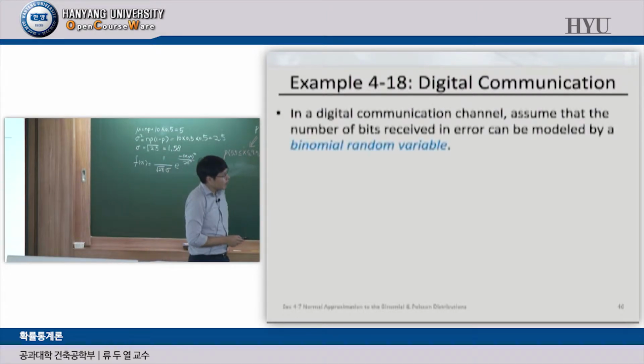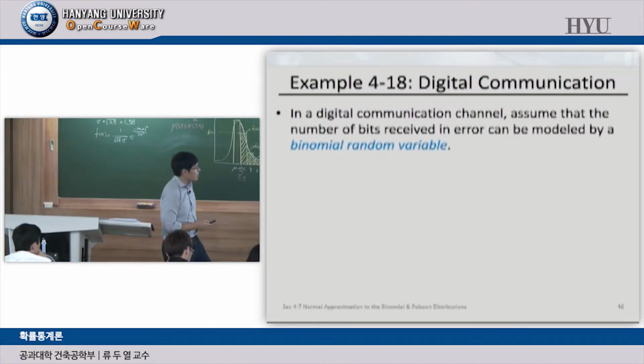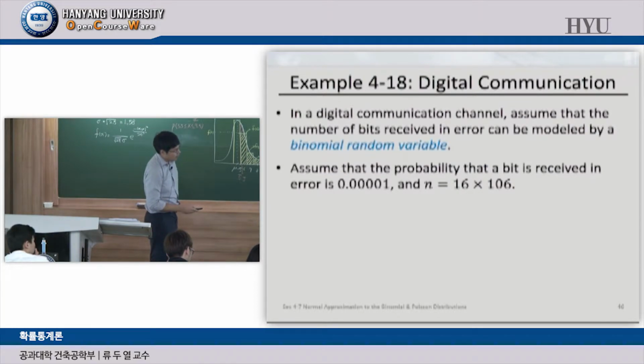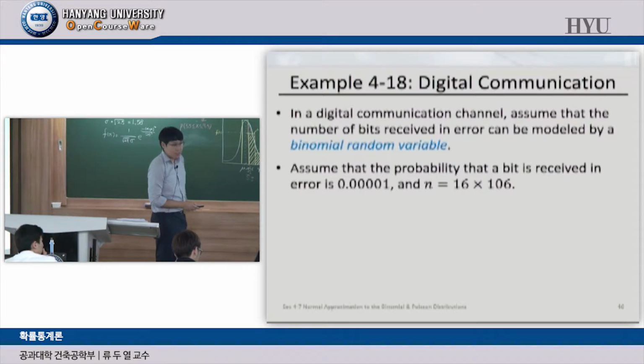In a digital communication channel, assume that the number of bits received in error can be modeled by a binomial random variable. And assume that the probability that a bit is received in error is 0.00001 and n is equal to 16 by 10 to 6th power, okay? This is wrong. This is 10 to 6th power.